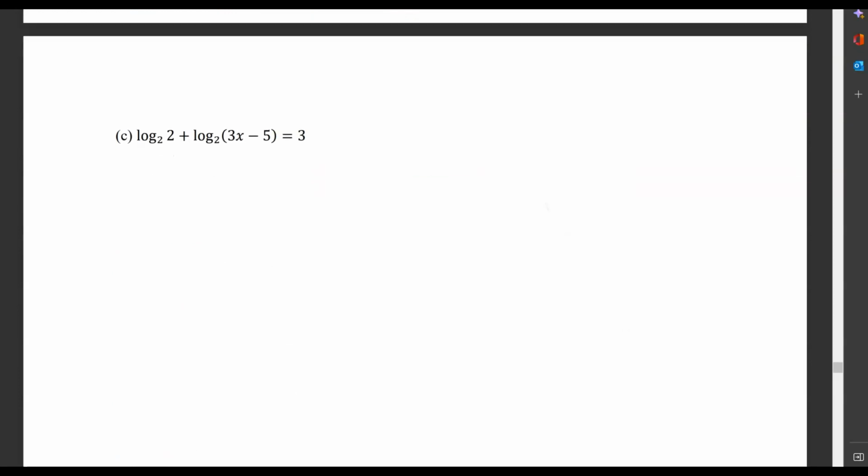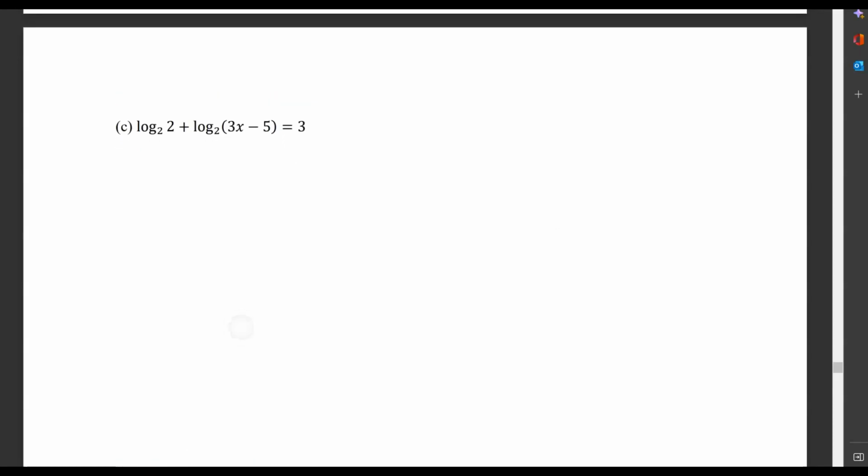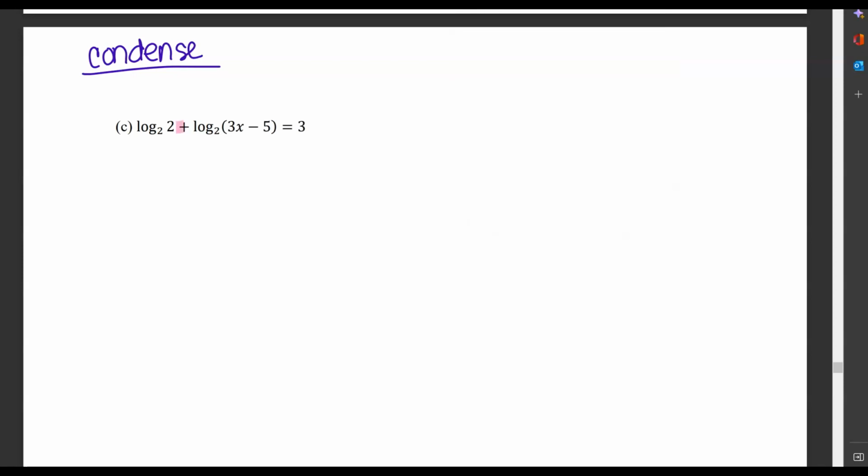Let's go ahead and try one more here. In this particular case, actually the instructions got condensed. We're going to make sure that we are condensing. So we're going to condense here in order for us to attempt to solve it. Because I have addition here, this is telling us that we do have the product rule. Okay, and so let's take a look at that.